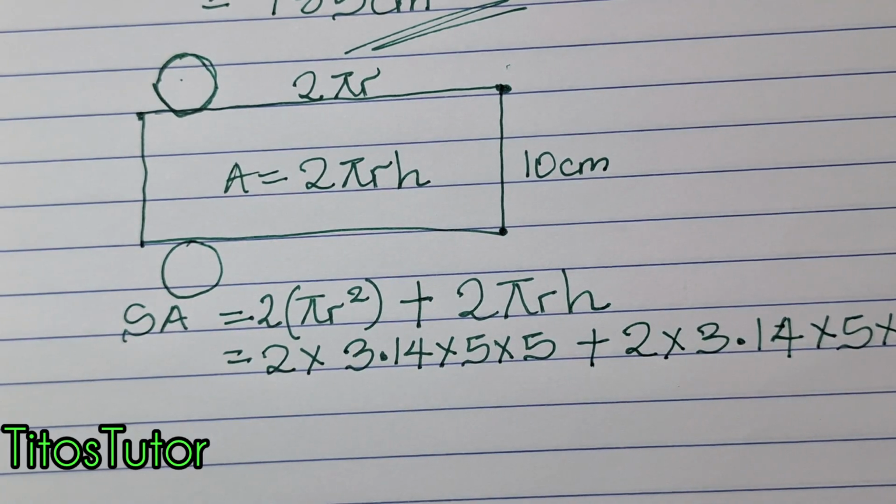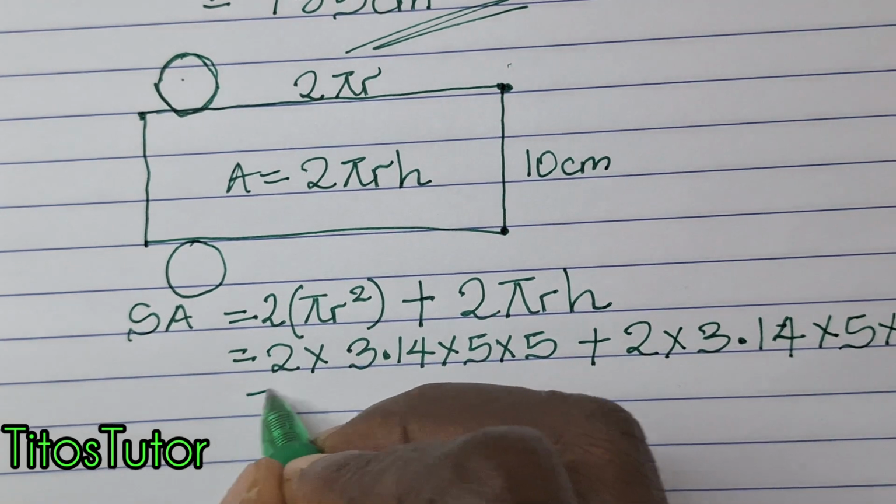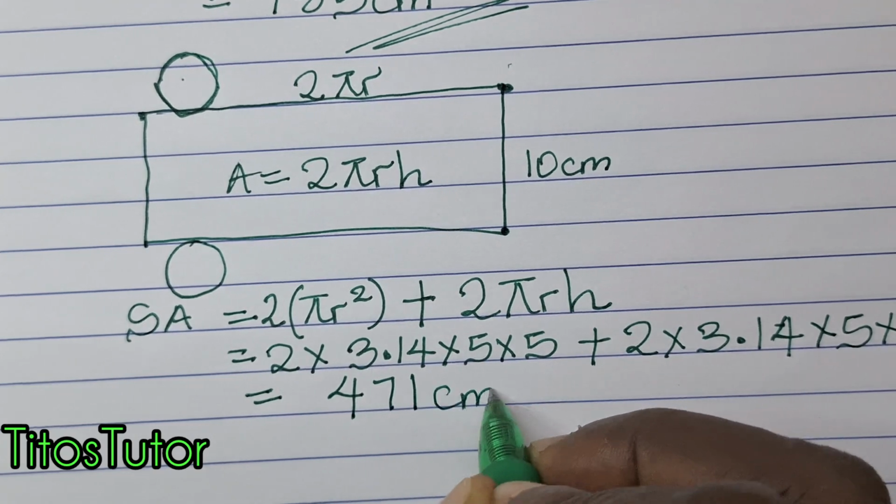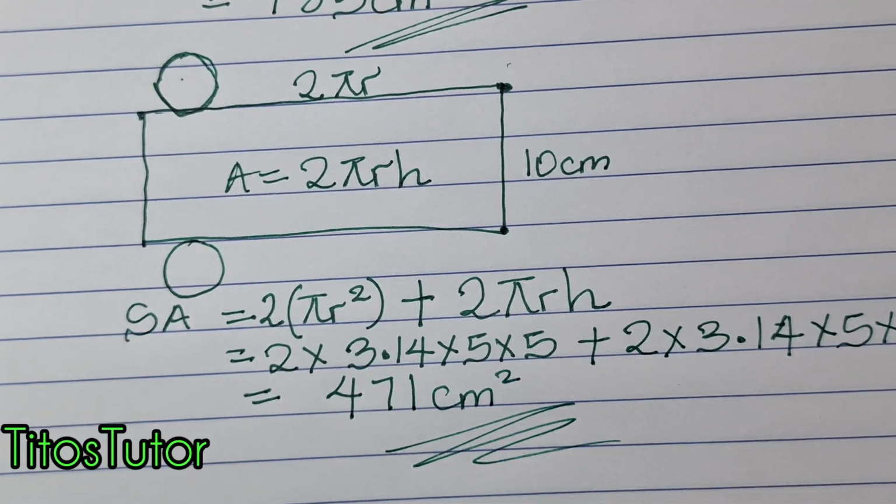I put all this into my calculator, and my final answer becomes 471 cm square, and I am done.